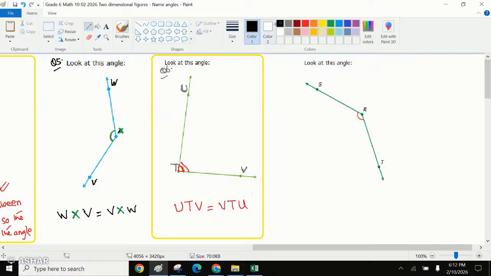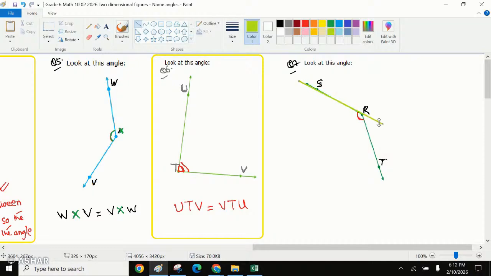For question number 7, the labelings are S, R, and T. It's okay, Ashik. It's okay, Princely. Thank you, Osman. Okay, let's find the answers for this. What we can see is we have two lines.